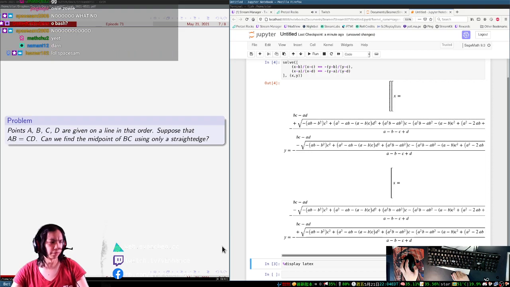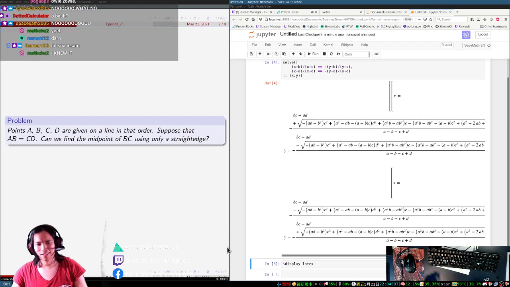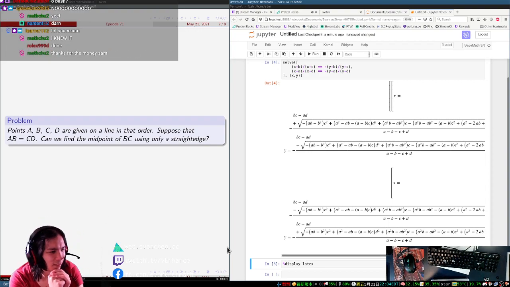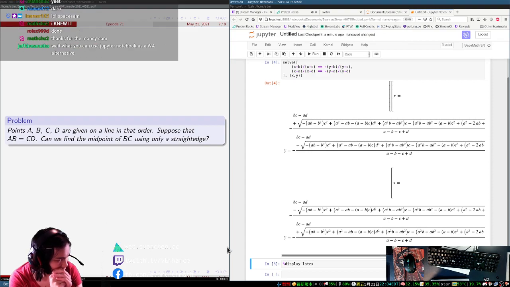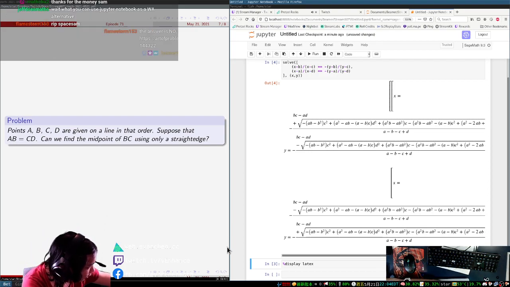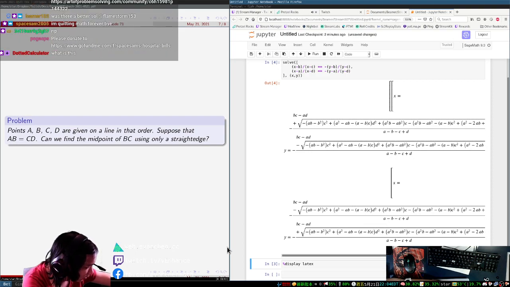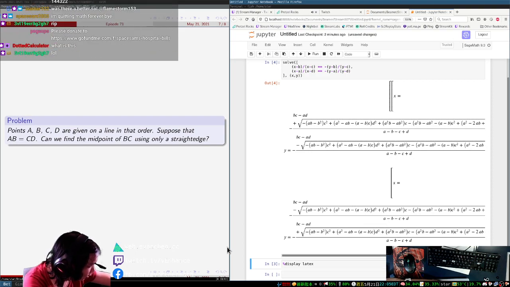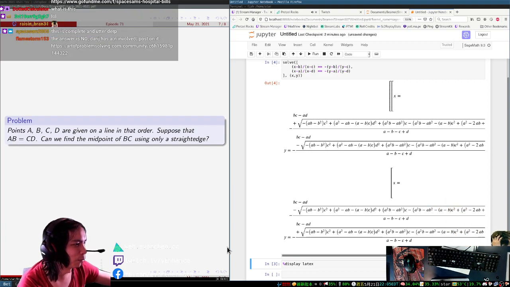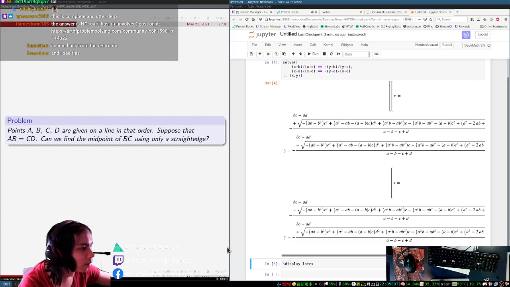You can't get a square root with just a straight edge. Okay. I'll take it. This is correct, right? Can the person who sent this confirm? Okay, cool.